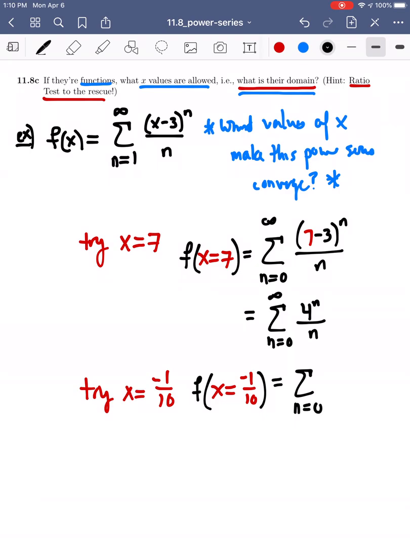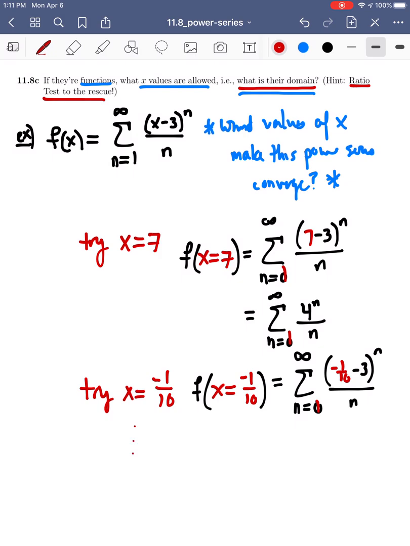And now notice, these series are actually all starting at n equals 1, just the way I defined it above. So if we plug in negative 1/10, well, that's (negative 1/10 minus 3) all raised to the n all over n. And then we have to figure out, hey, does this converge or diverge?